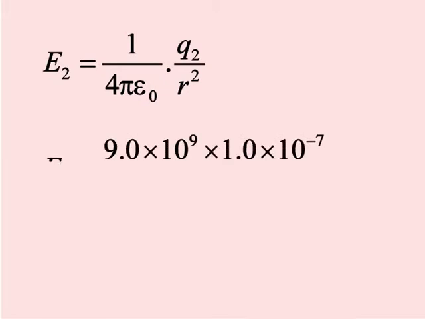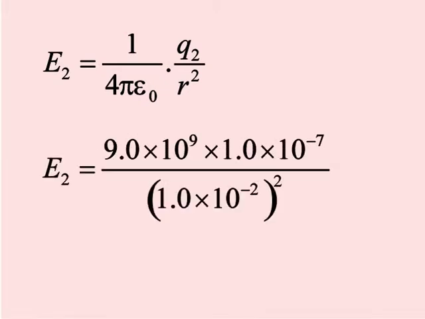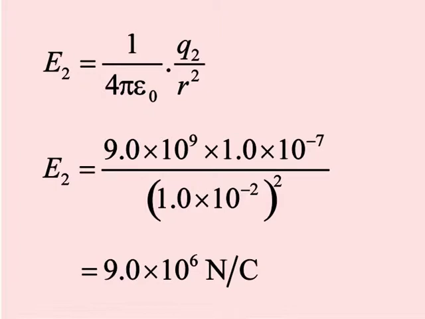This is equal to 9.0 into 10 raised to the power 9 into 1.0 into 10 raised to the power minus 7 upon square of 1.0 into 10 raised to the power minus 2. On calculation, we get E2 equal to 9.0 into 10 raised to the power 6 Newton per coulomb.